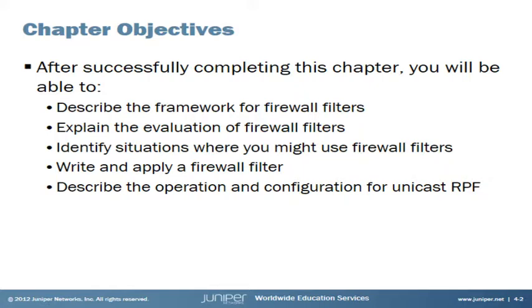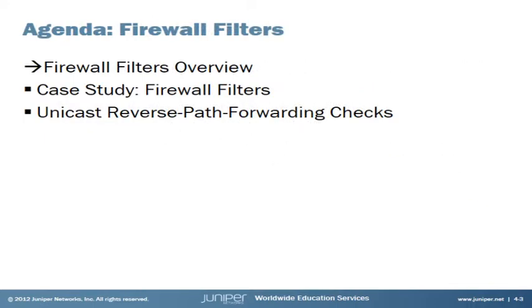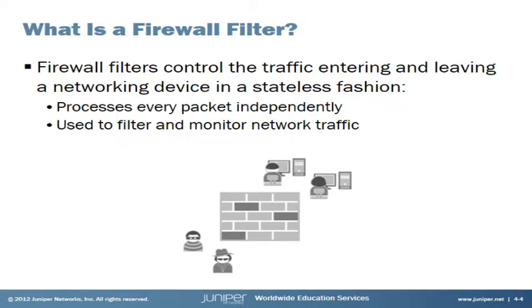So we're going to look at describing the framework of firewall filters, how they're evaluated, where we might use them. We'll write and apply one and describe the operation of another little thing called unicast RPF. Okay, let's do an overview of firewall filters.